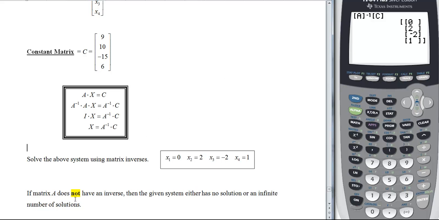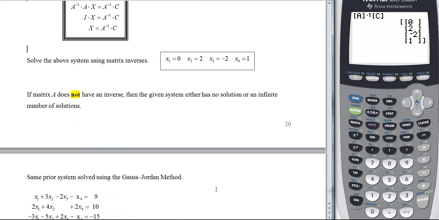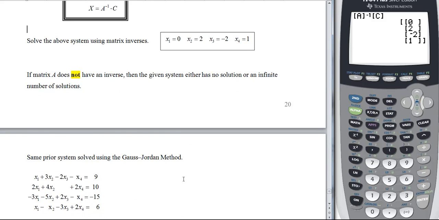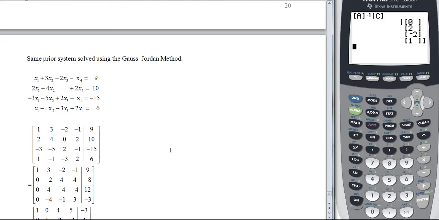If matrix A does not have an inverse, then the given system either has no solution or an infinite number of solutions. And the only way then that we could work the problem is by going back and doing the Gauss-Jordan. So what I did on the next page is I solved the very same system up there using the Gauss-Jordan.